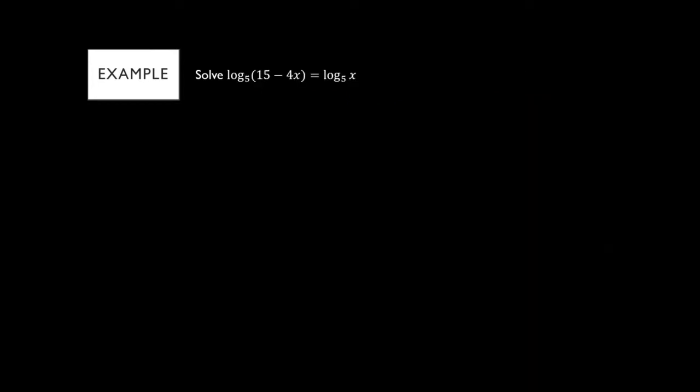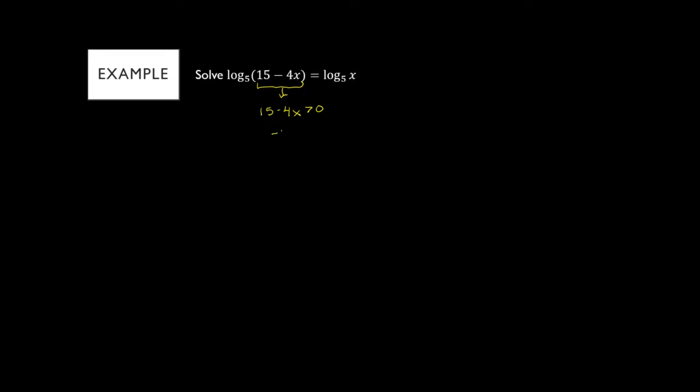Okay, so here's another one. This time, this is base 5. It really doesn't matter when you're solving as long as it has the same base on the left and the right. And we're going to do what we did before. We're going to look at the domain so we know where our answer should be. So 15 minus 4x needs to be greater than 0.